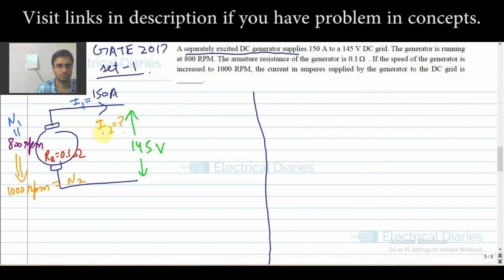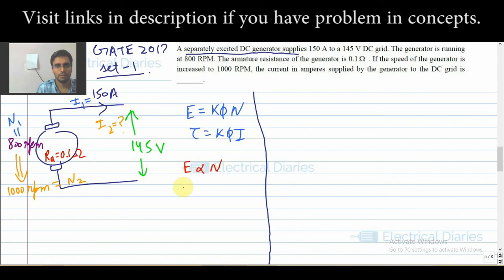Flux is constant, so always write these two equations for any DC machine and you will get the idea. Torque is equal to K phi I, and E is equal to K phi N. Flux is constant, so that means E is directly proportional to N.